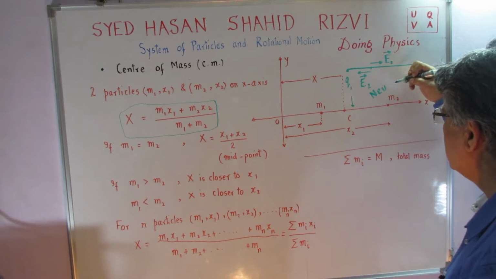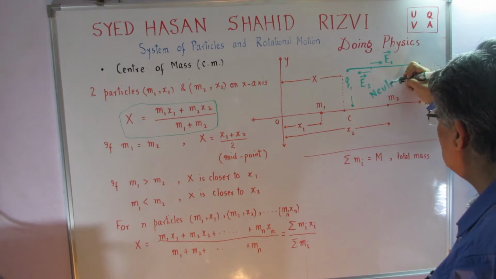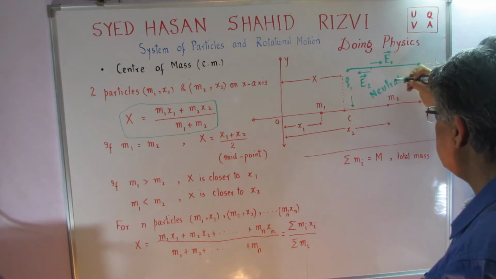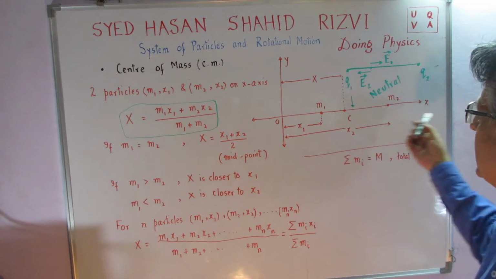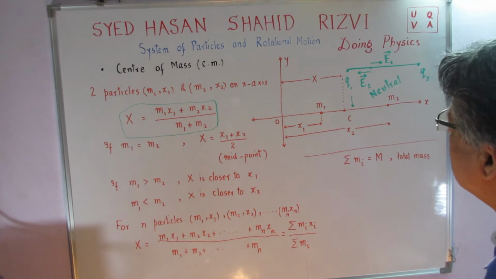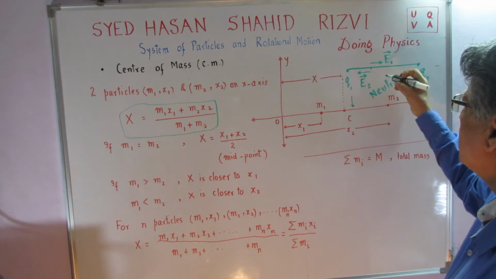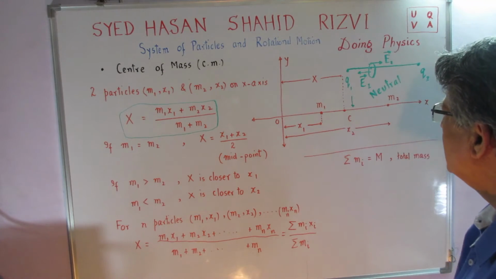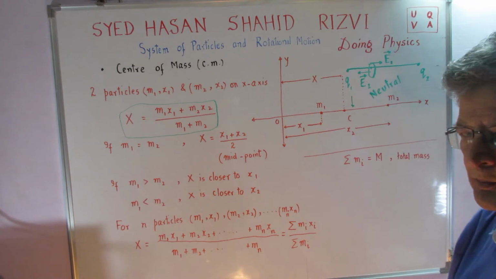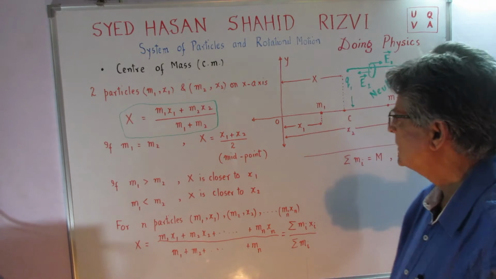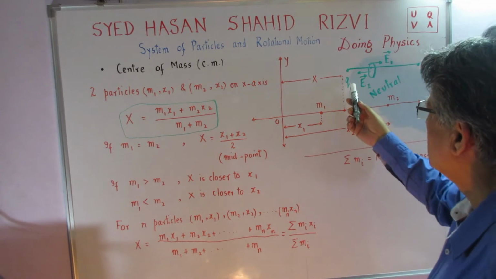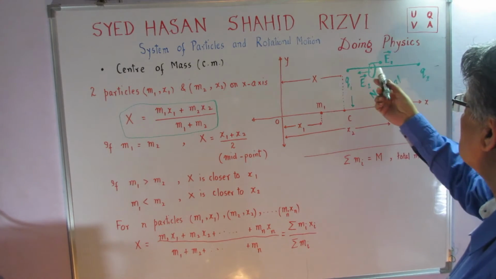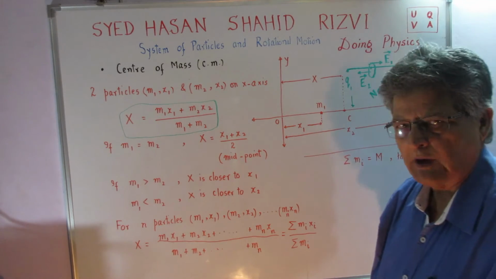In the neutral point also, if the two charges are of the same kind and their locations on the x-axis are like this, then we get a point closer to Q1, because this will be equal to Q1 upon R1 square, and this will be equal to Q2 upon R2 square.